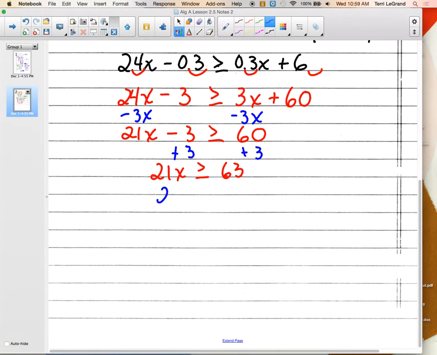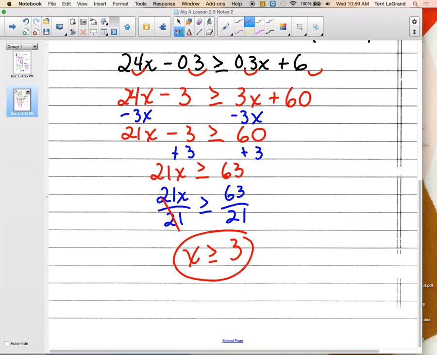And our last step, divide by 21. And we still get the same answer, don't we? Yes. x is greater than or equal to 3. Doesn't that seem friendlier?